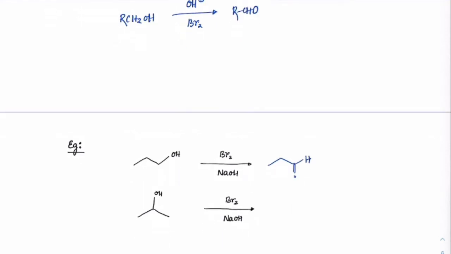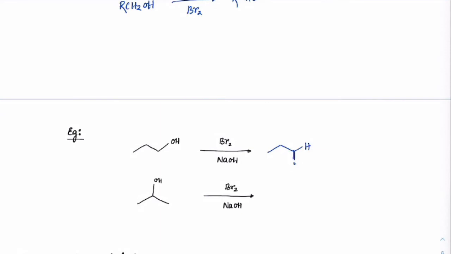Further reaction will take place if it is an iodoform reaction. I am not writing the further reaction, I am just writing the oxidation product. So first it will form this. After this, you know that the bromoform reaction will take place, because it will keep continuing, and finally you will get CH3COO minus Na plus and CHBr3. This is the bromoform reaction.